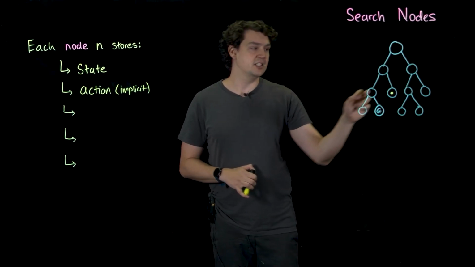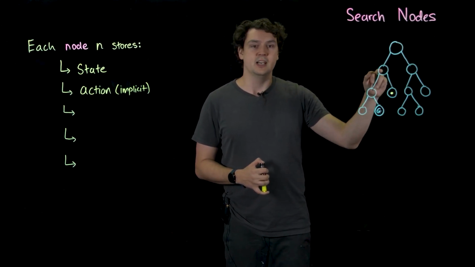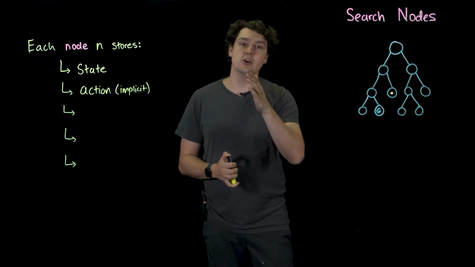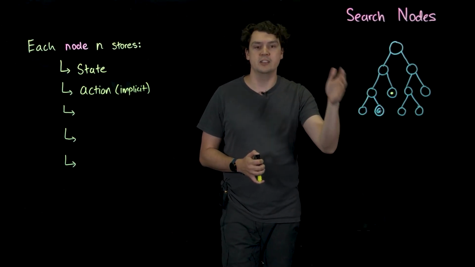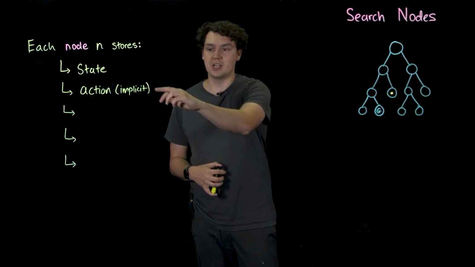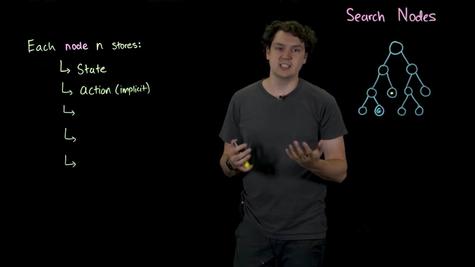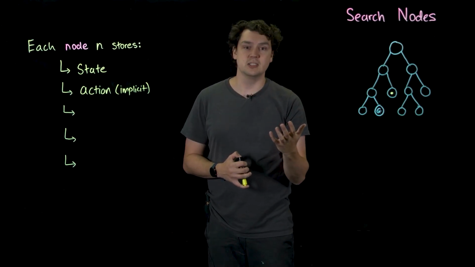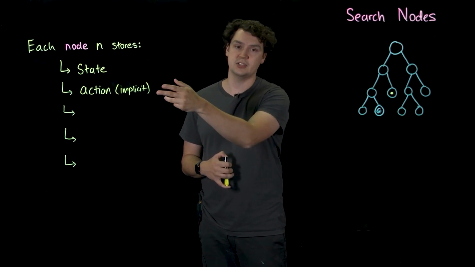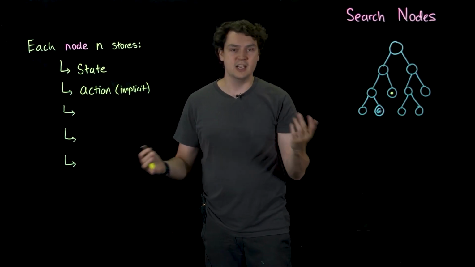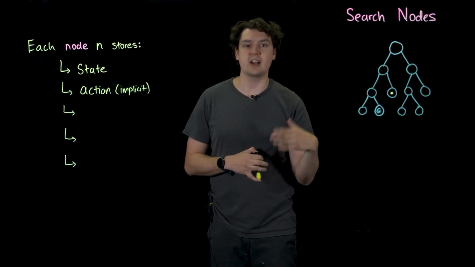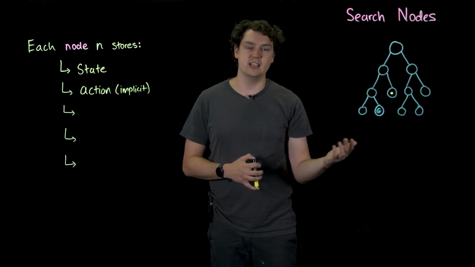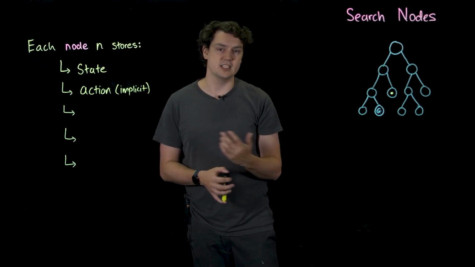So if I was at the state (2, 3), and then I'm in a new node at the state (2, 4), well, we know that we must have moved 1 in some direction. So sometimes this is implicit, but realistically it's still stored in the state. If it's more complicated actions, then you will definitely store it as an actual representation. Again, it's usually some form of abstraction that corresponds to it. If you moved north, maybe you just store an N, things like this, but that is very flexible.